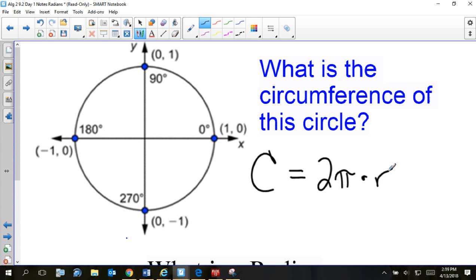Yeah, totally. It is the perimeter of the circle. Exactly. It is the measurement all the way around. And if I wanted to know the measurement from here to here, how much of the circumference would that be? A quarter. A fourth. Okay. So the circumference is 2 pi r.